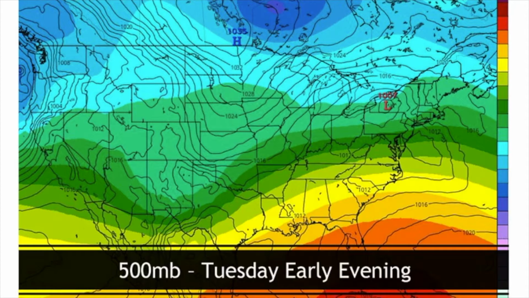So we go ahead, and as forecasted, the forecast models are showing the same general idea, a weakening low pressure into western New York. We have a low pressure system forming off the Delmarva Peninsula, which is actually going to deepen and follow the jet stream due east.